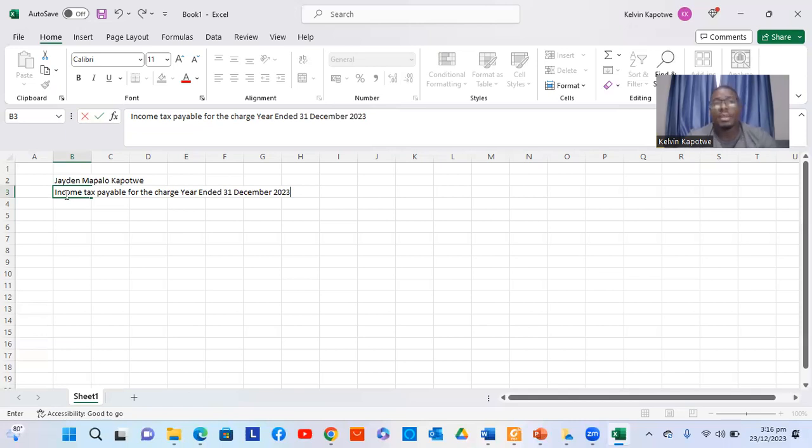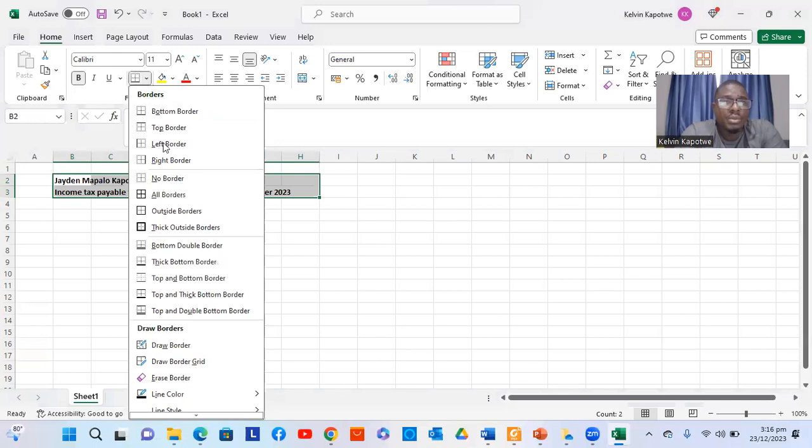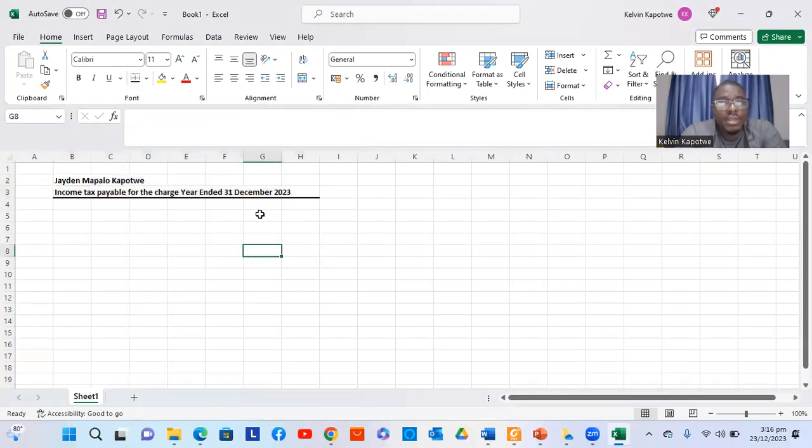So that is how you present. This is how you have to do your work, and then I can make it bold and underline it as well. Then I'm going to take out Kwacha there.